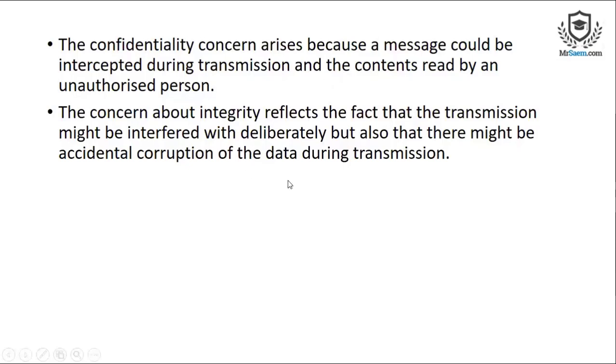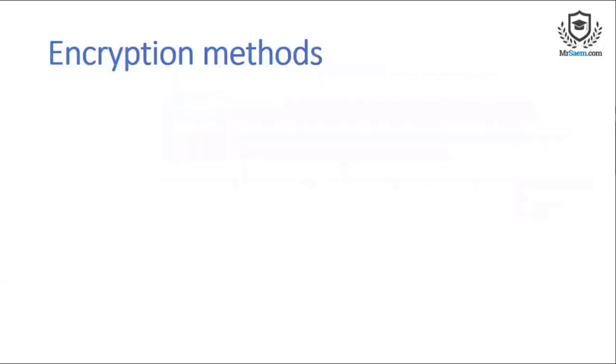The concern about integrity means that the transmission might be interfered with, or it might be accidentally corrupted. So integrity could be compromised deliberately or accidentally. Whenever you have a transmission of data, both of these problems might occur.